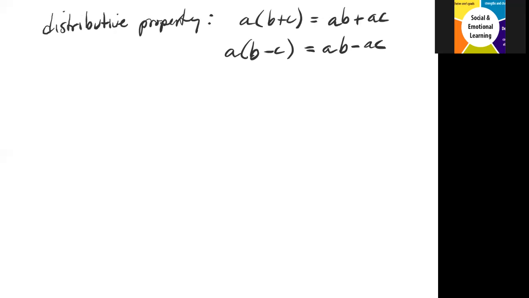Just going to look ahead to this next example. So if we had an example like negative 2 times 3x minus 2y, and we were asked to expand this, what are we going to get?